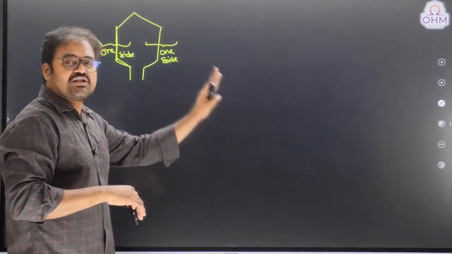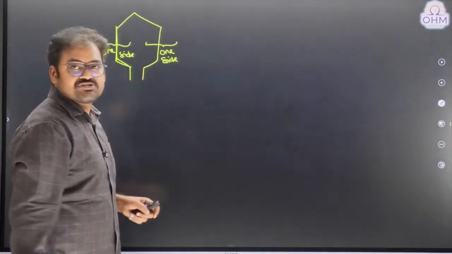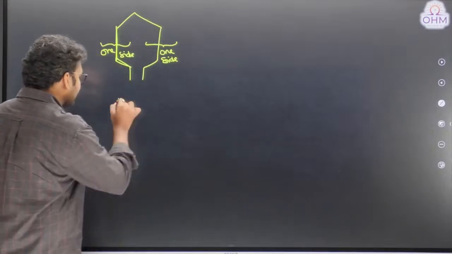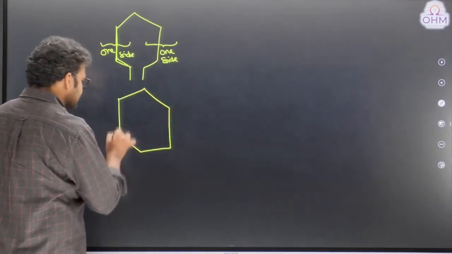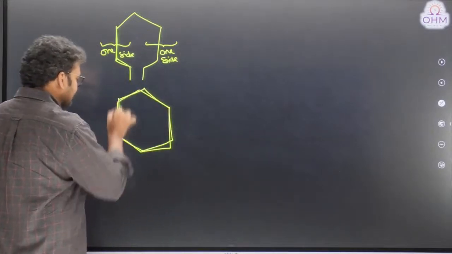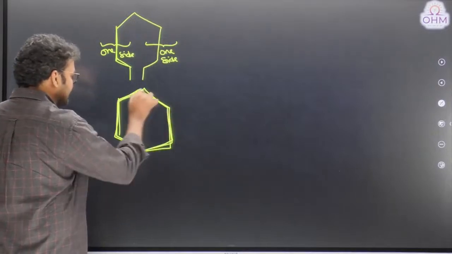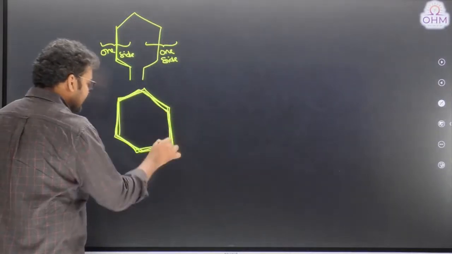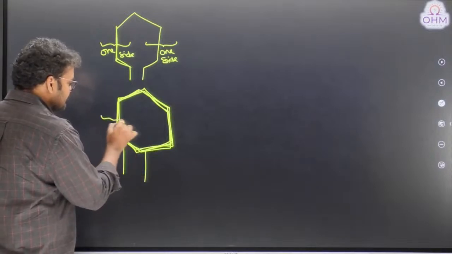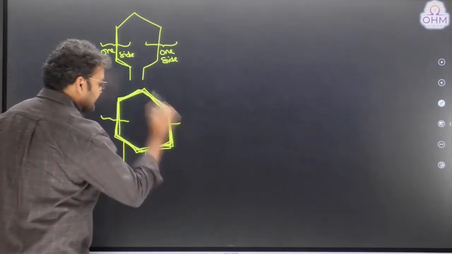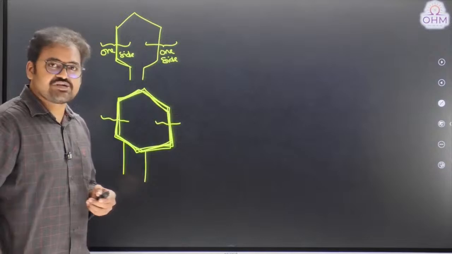One side will be generally under the north pole, the other side will be under the south pole. Even if the coil has any number of turns, suppose you take a multi-turn coil like this, even in this coil, this is one side and this is the other side. A coil will have two sides.